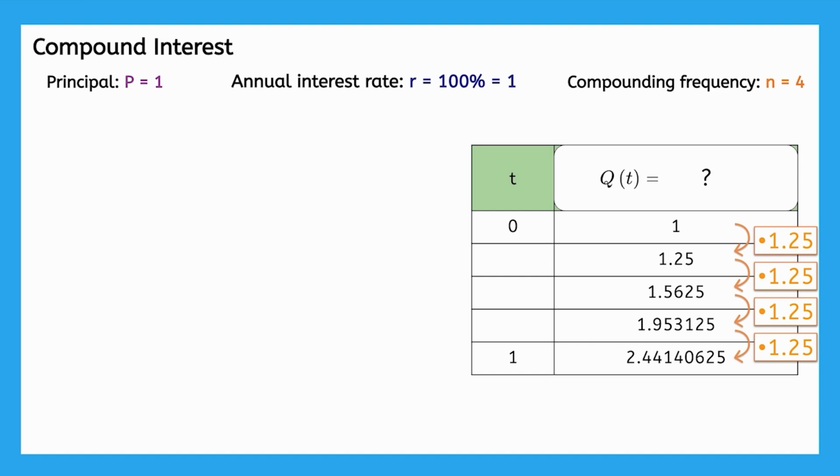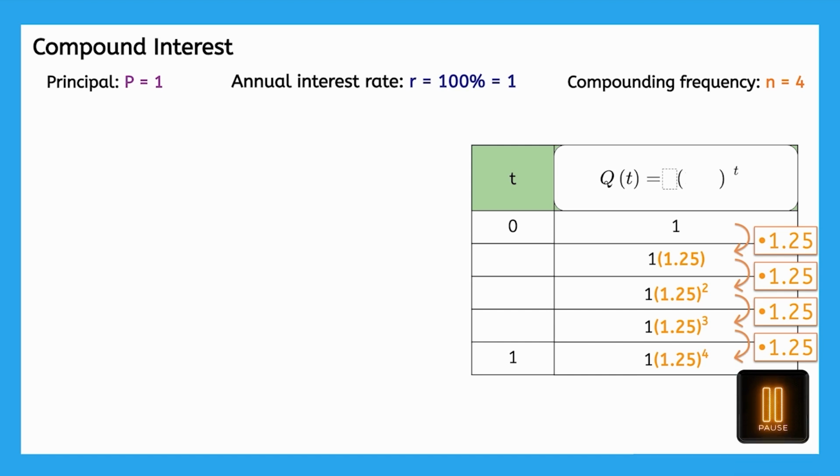This is an exponential function because the outputs are growing by a constant factor. We know, therefore, the function will be in the form of an initial value times a growth factor to the power of t. Pause the video and try to write the equation for Q. Remember that since our time is in years, you need to use a yearly growth factor.